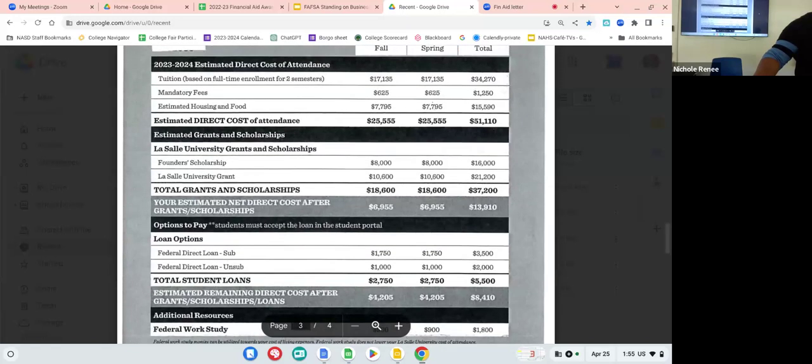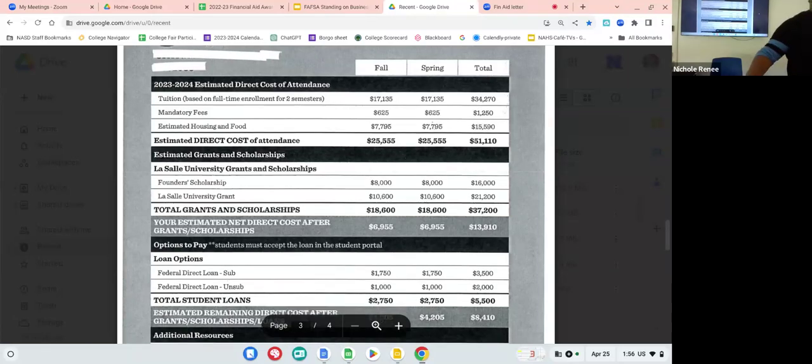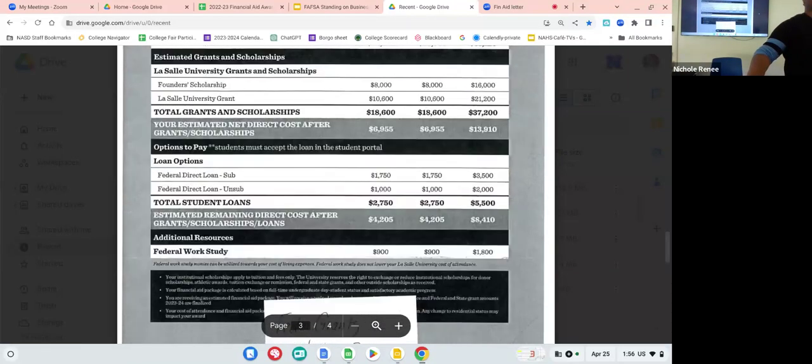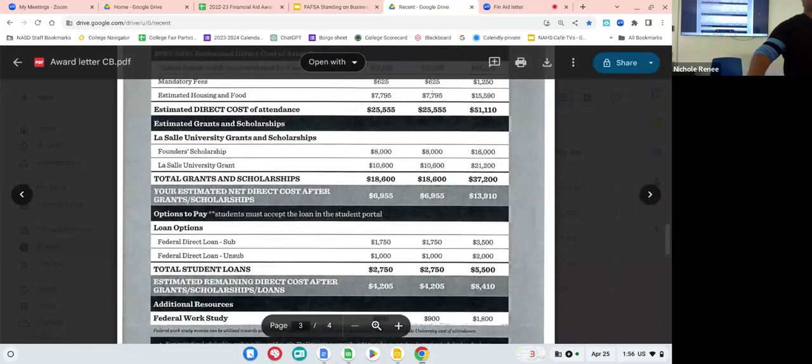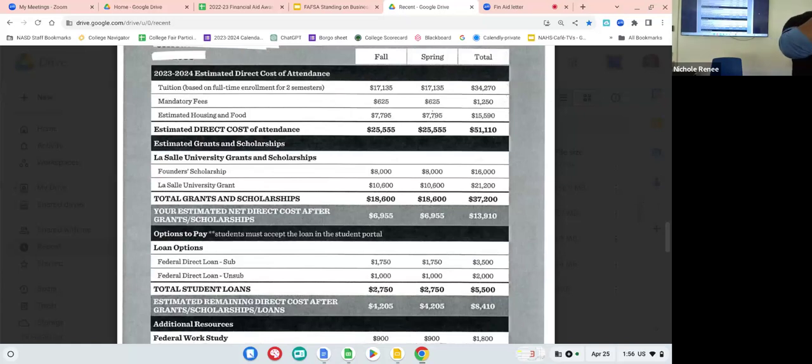Give me your observations on this one. It's a lot neater and easier to follow. Anything else? And I think they did some math on here too, but I don't want to give it away. Hold on. Now you got your work study for $1,800. Okay. They get the Pell Grant. Right. This is the same student.